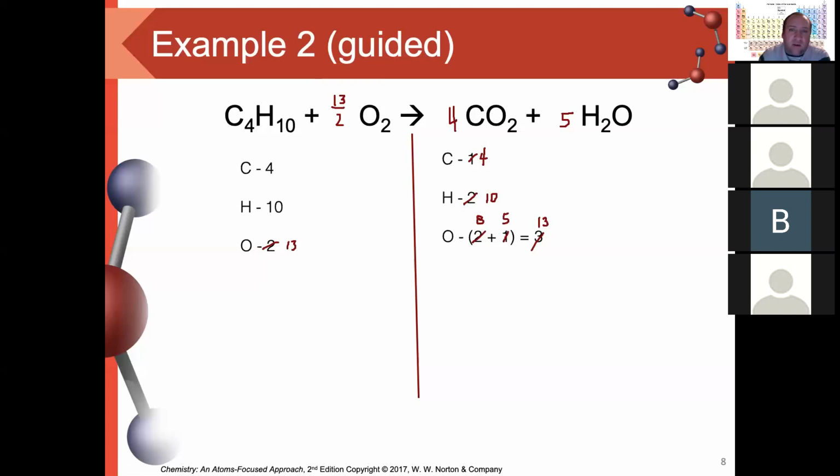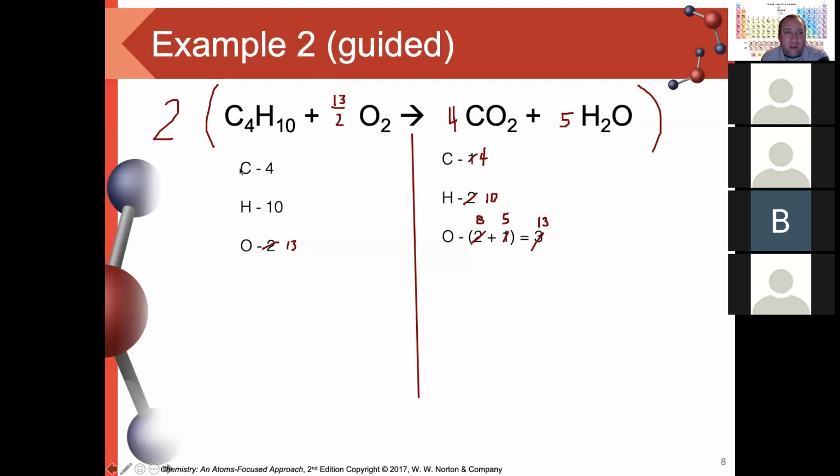But what you can do is, if we take into consideration that this is an equation, this is basically a math problem, how do I get rid of fractions? Well, I multiply by whatever's in their denominator.